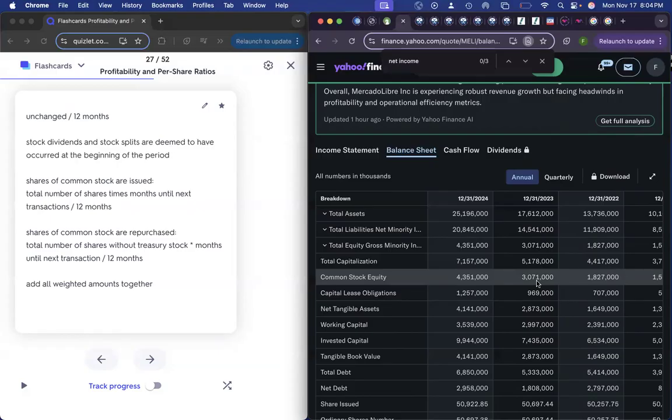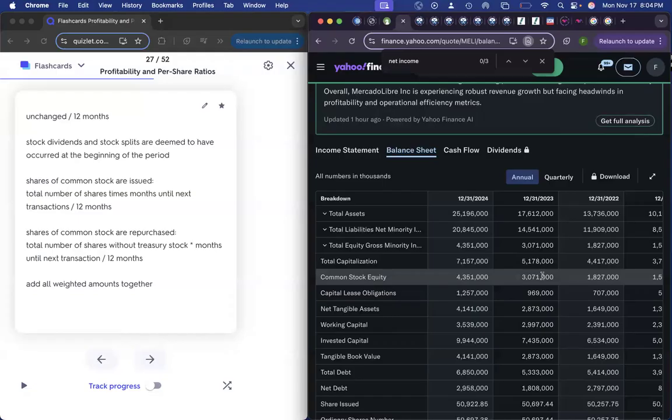These are in dollar values, but let's just say this is just the number of shares for simplicity. So we now have 4.5 some million shares, and they're going to have that for 3 months divided by 12.